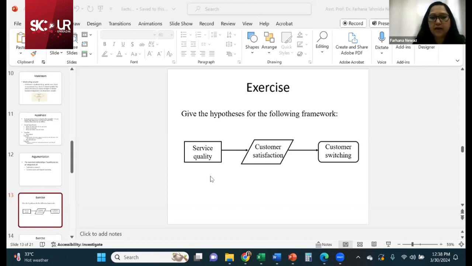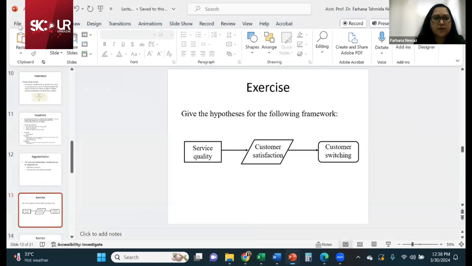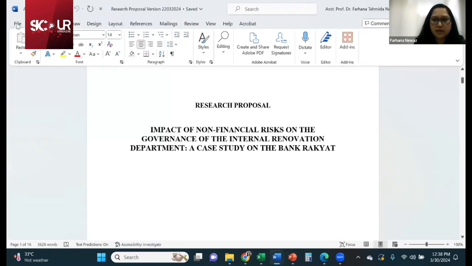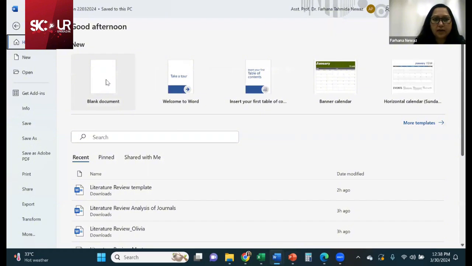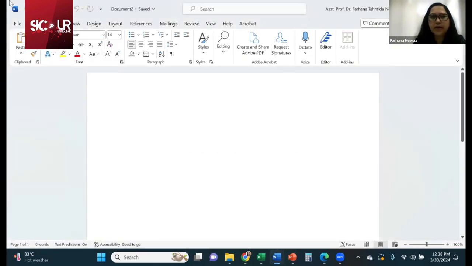Suppose for example, for this one, let me see whether I can write it down. So the first one, service quality and customer satisfaction, we can write it down this way. For others who have not done it yet, look at the way Zul Hilmi has done it.